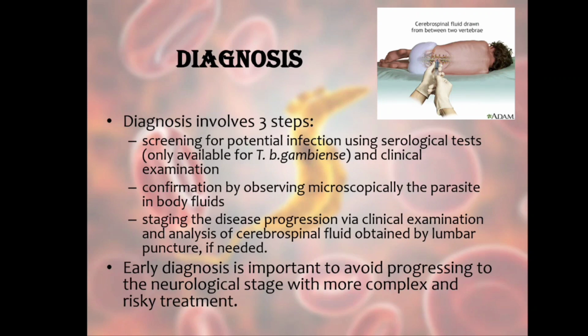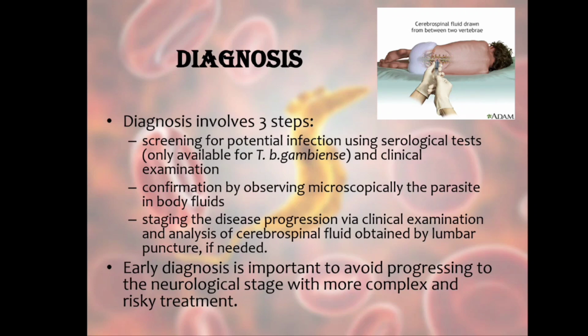Then if the screening test comes out to be positive, the next step is actually looking at the blood smear under the microscope to test for the actual parasite and its presence in the blood plasma. And then if the parasite is found in the blood plasma, the next step is to see how much the disease has progressed.